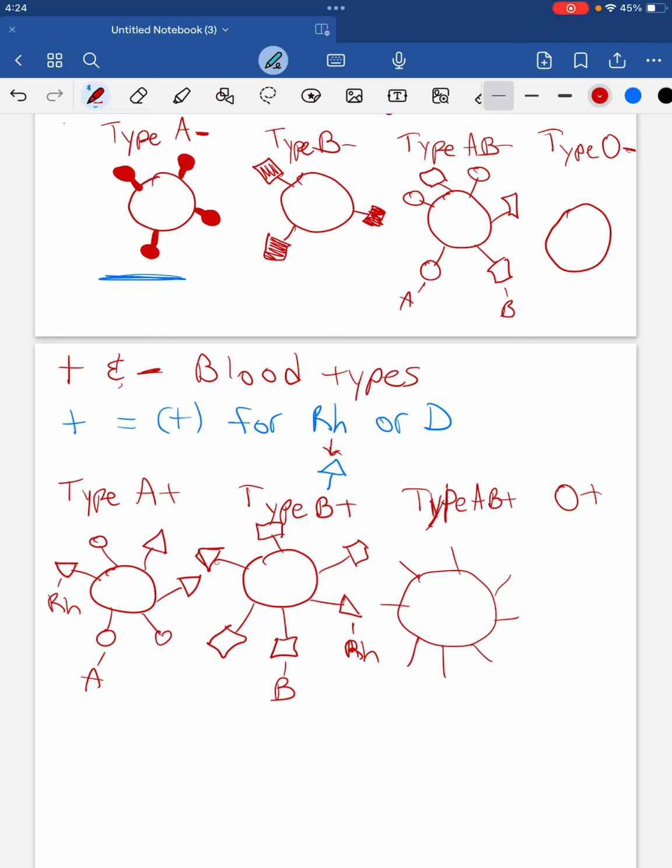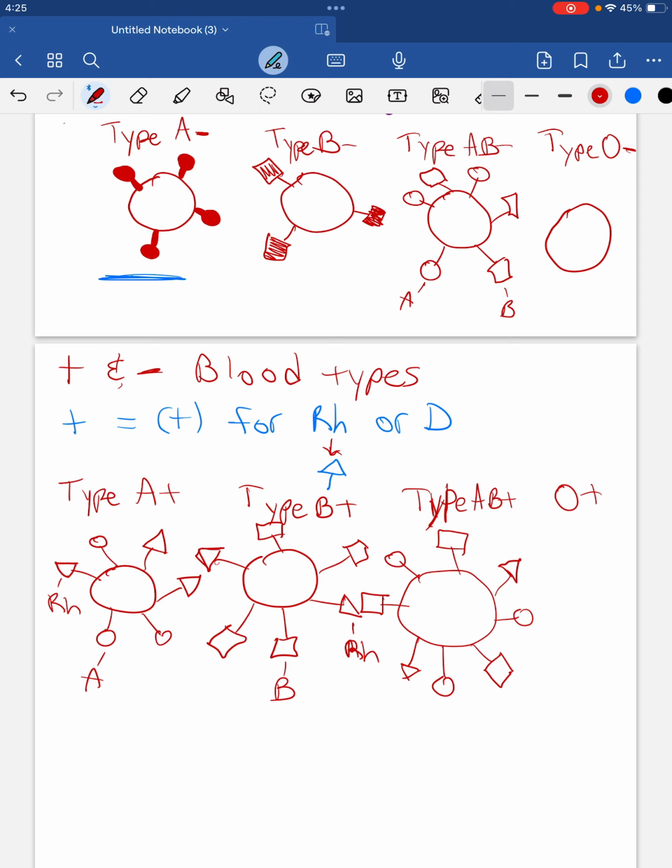Okay, so we have A, which was circles, B, which was boxes, and Rh, which is our triangles. So this has every antigen possible on it, as far as ABO blood types go.